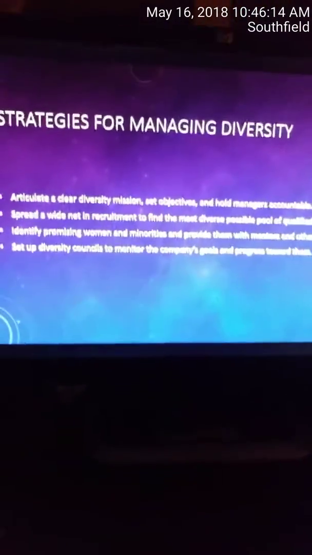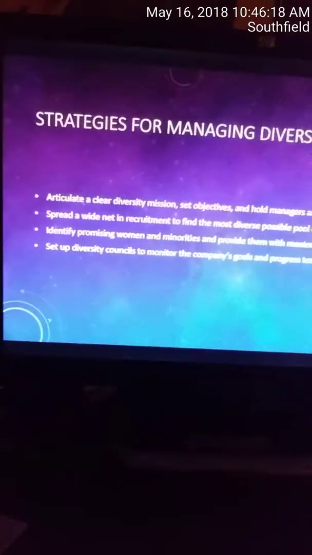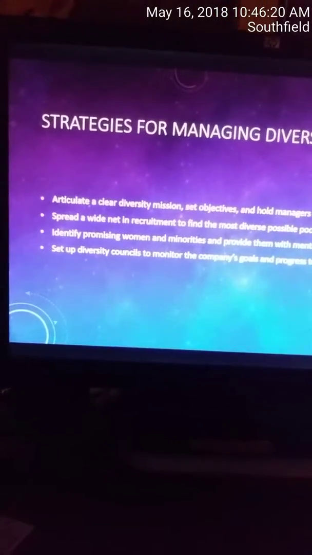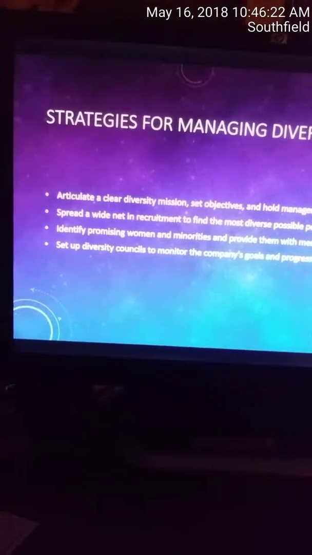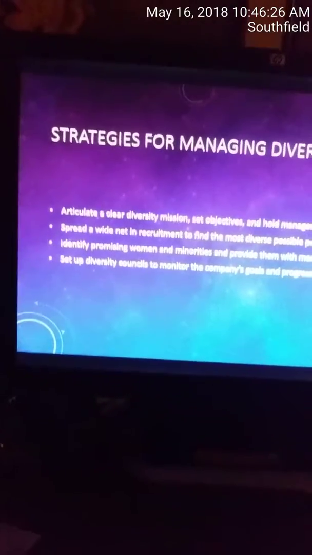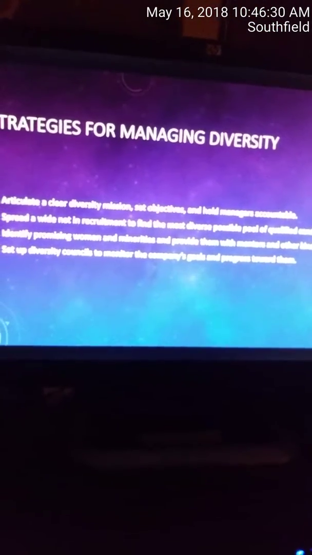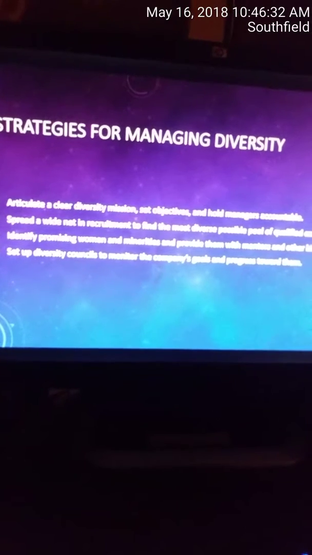Some strategies for managing diversity is to articulate a clear diversity mission, set objectives, and hold the management accountable. I can't stress this one enough, because your management is what drives your mission statement.